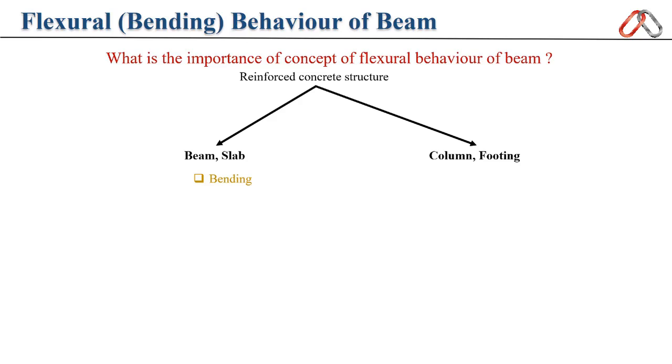So in case of beam and slab, the most critical condition is bending. Hence first we will design according to bending condition, then we will check it for other conditions like shear, torsion and compression. On the other hand, for column and footing, compression as well as bending both are equally important.